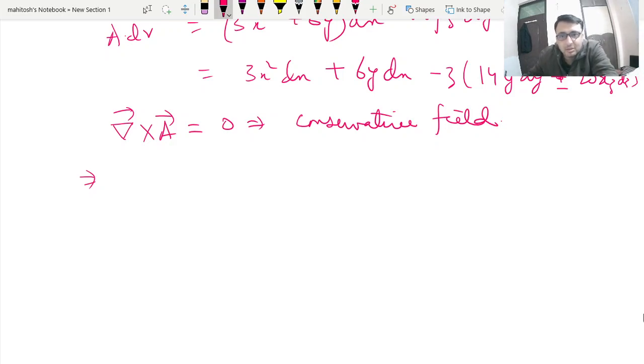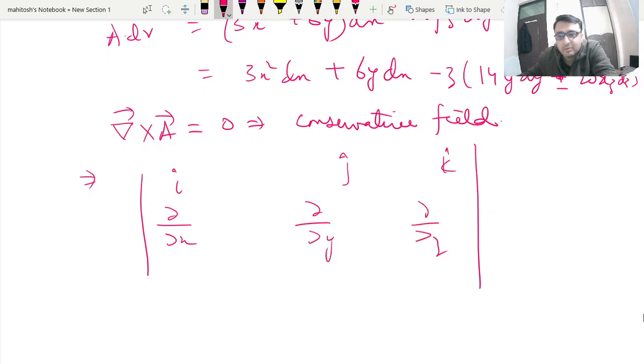So here in this case it will turn out to be not 0. So we can write this as i j k, dou by dou x, dou by dou y, dou by dou z, and I write the terms 3x square plus 6y, minus 14yz and 20xz square.